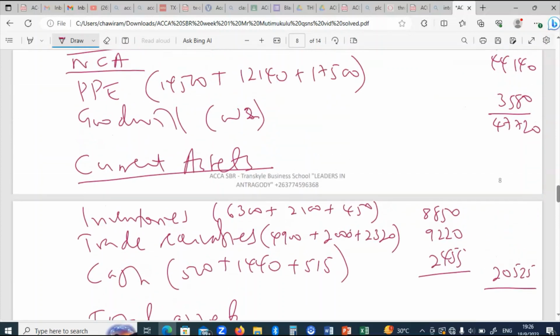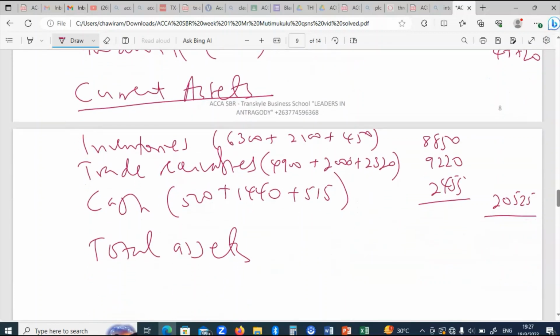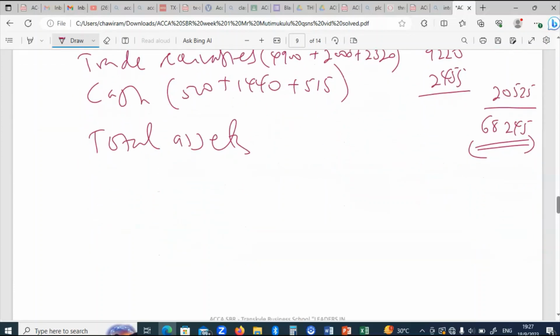That is 47,720 plus 20,525. That is going to give us 68,245. Then the other section, that's equity and liabilities. This is equity.